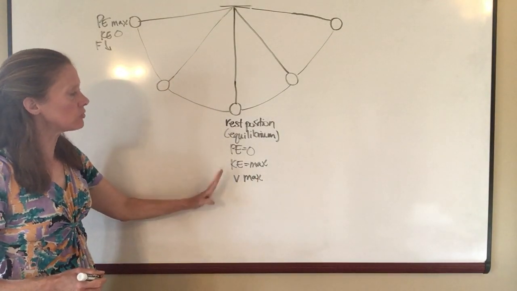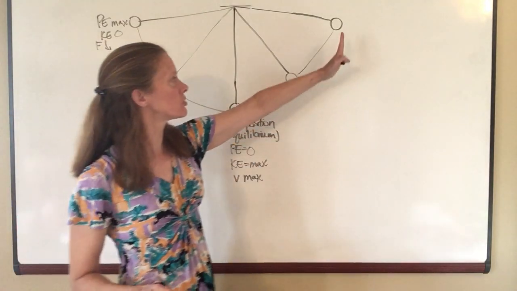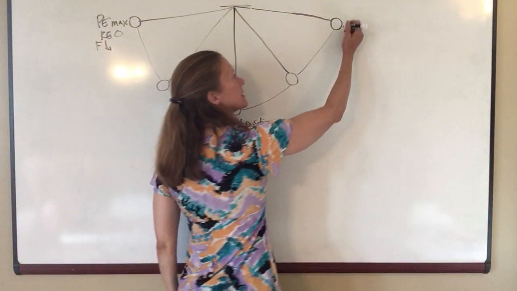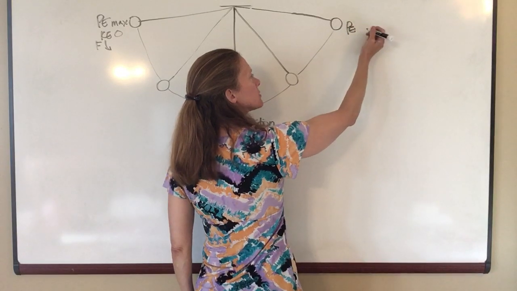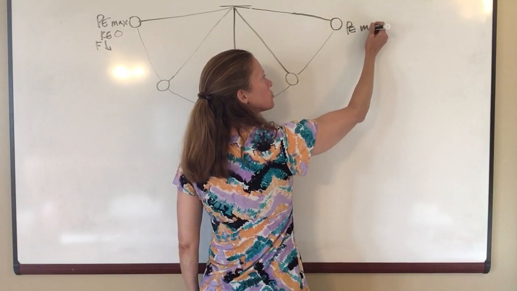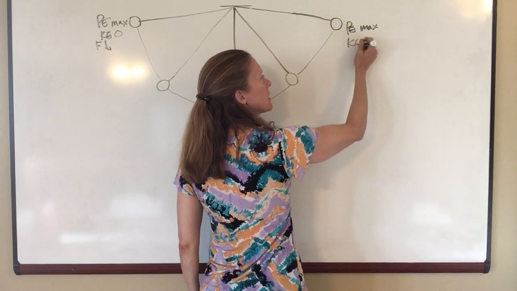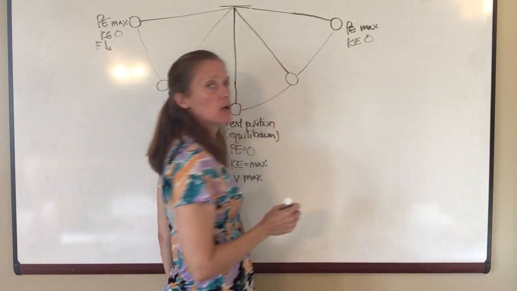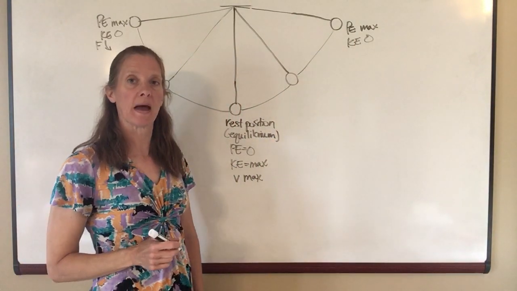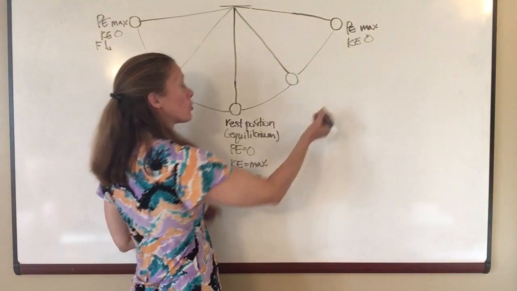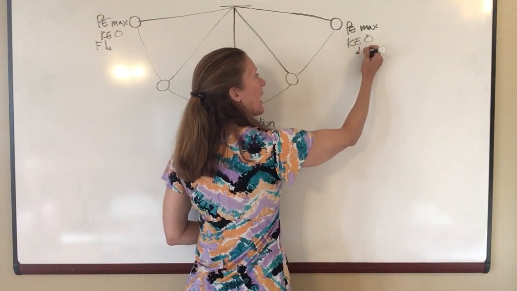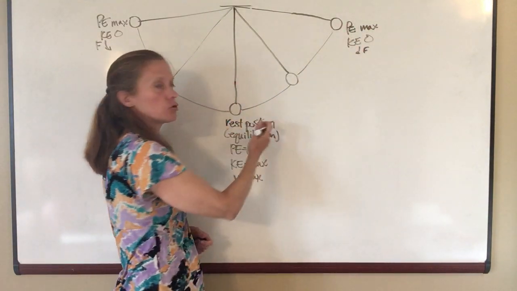Then as I continue to go back up to the top of the swing on this side, because it's at the highest possible position, the potential energy is going to be at a max, and the kinetic energy is going to be zero once we get back up here. And then the restoring force, again, is going to be acting in the direction down here to bring it back down to the bottom.